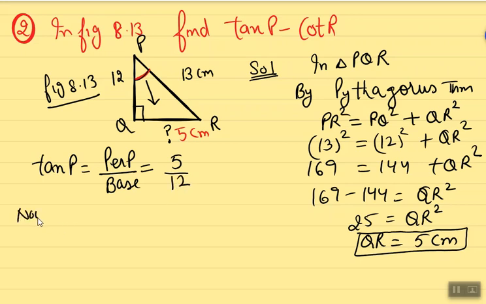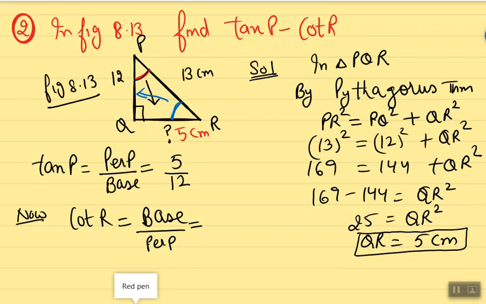Now cot R. We know that cot is base over perpendicular. Beta, with the blue pen, I am showing the angle R. Now the opposite side will be perpendicular. Any side opposite to the given angle is called perpendicular.